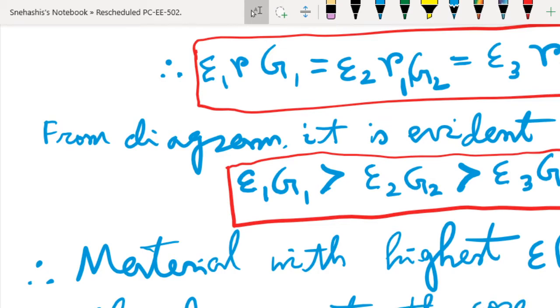Okay, other layers are placed in a descending arrangement.